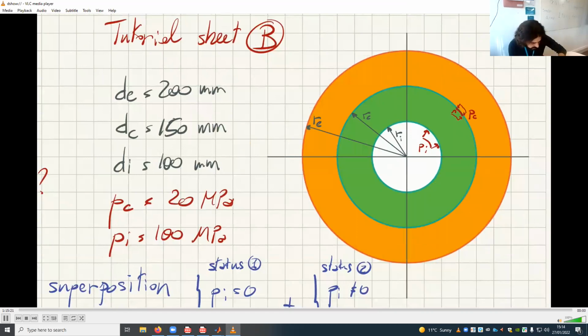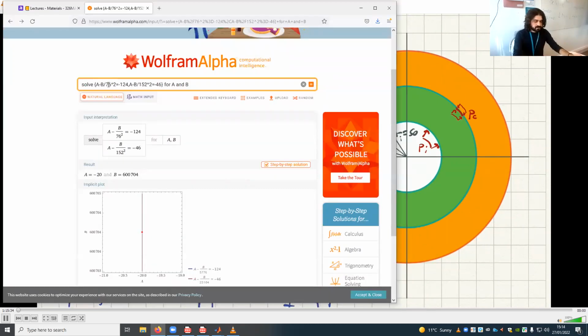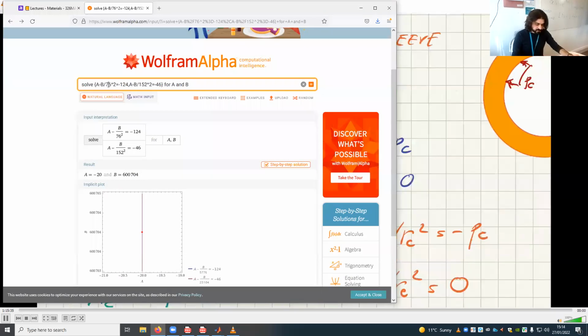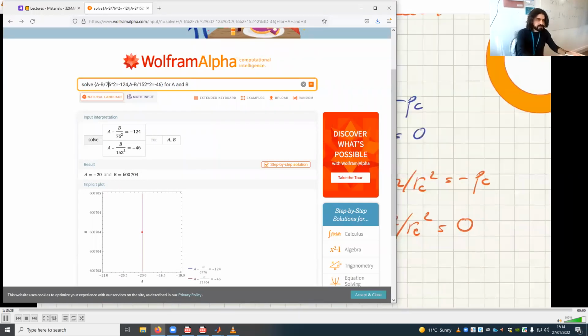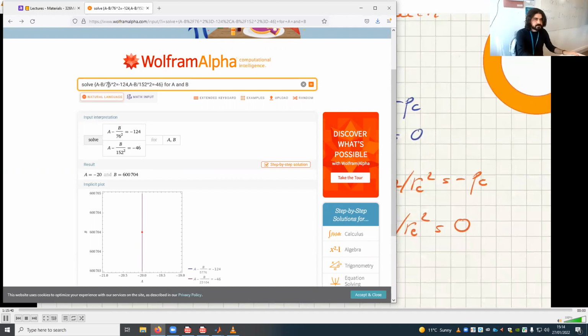So this is 100. This is 75. And this is 50. I'm going to Wolfram Alpha again. So here we are looking at 50 and 75.